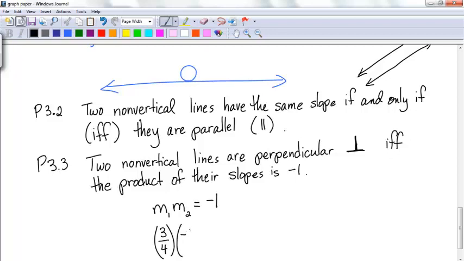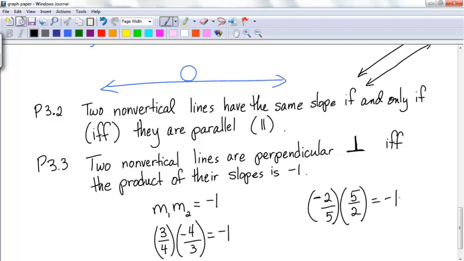You got to do the reciprocal and the opposite. So they are negative reciprocals of each other. It's got to multiply together to give you -1. So if I said the slope of one line was -2/5, the one perpendicular to it would be 5/2, and that would give you -1. So those two lines would be perpendicular, and when you graph them, that's how they should look like. They have a 90-degree angle in the middle.